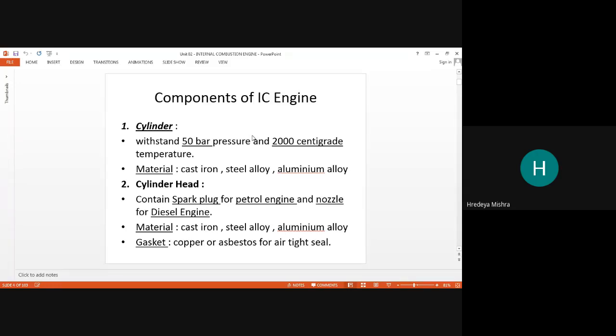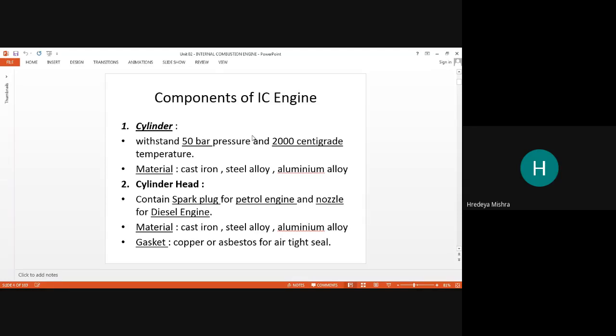Now, the next important thing is the cylinder head. How do we define the cylinder head? It contains the spark plug. The spark plug is responsible for the ignition of the fuel for petrol, and the nozzle for the diesel engine.